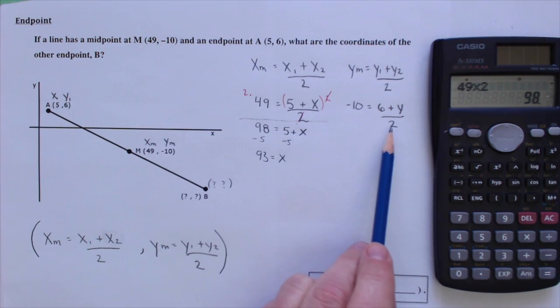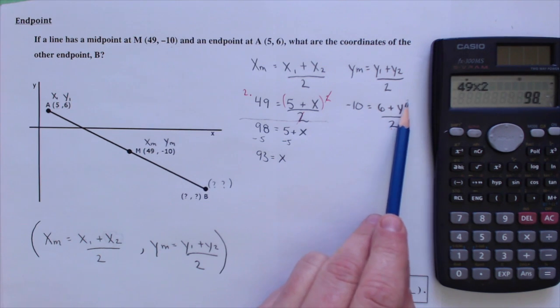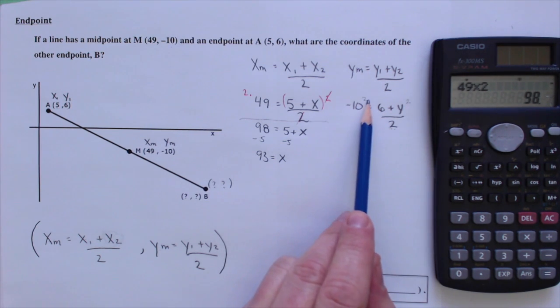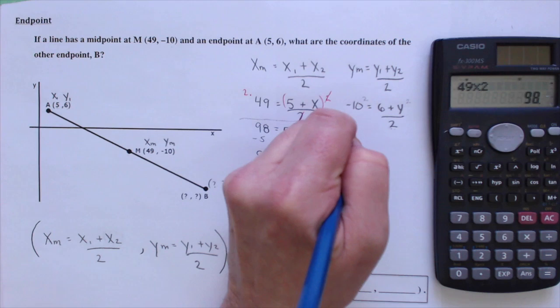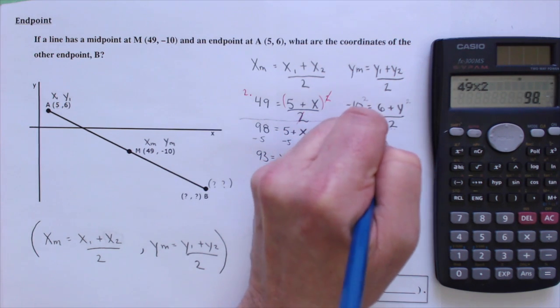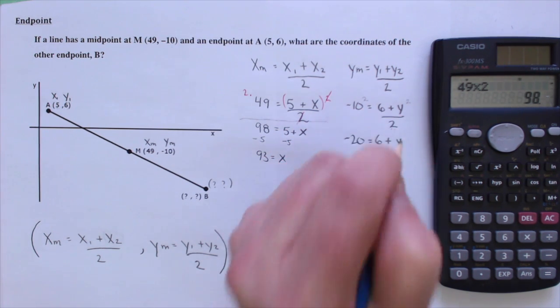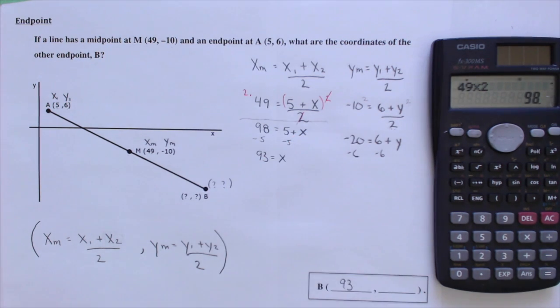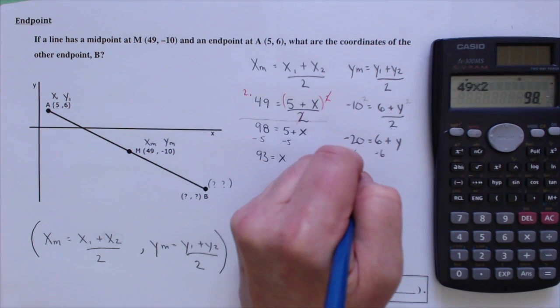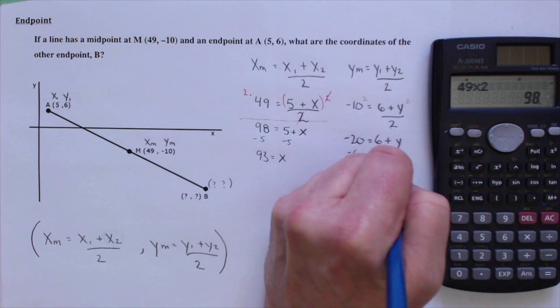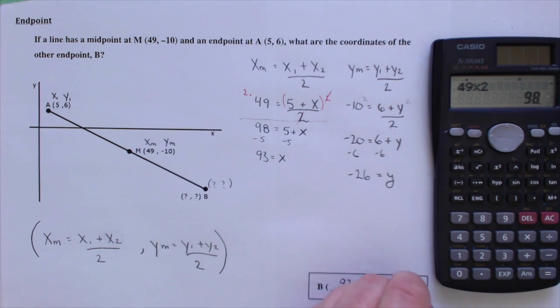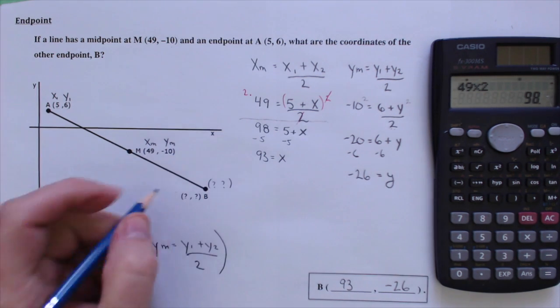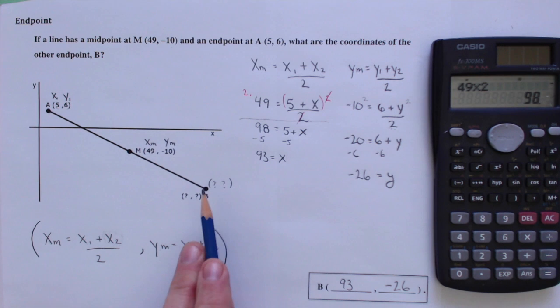So just like last time, I'm going to ditch this division by multiplying. I'm going to multiply 2 there, and I'm going to multiply 2 over there. And that's going to give me negative 20 is equal to 6 plus y. I then subtract 6 from both sides, isolating that y, and I get negative 26 is equal to y, which is right there. So this endpoint here is 93, negative 26.